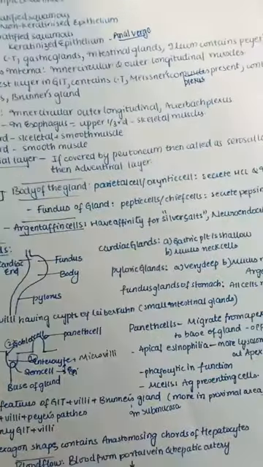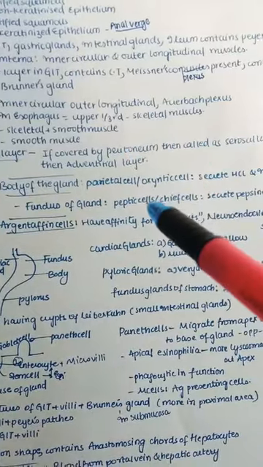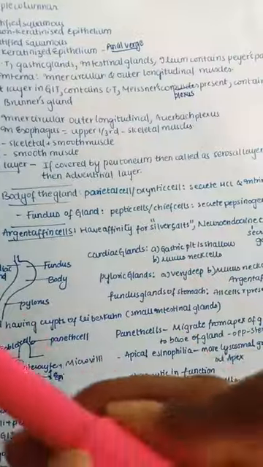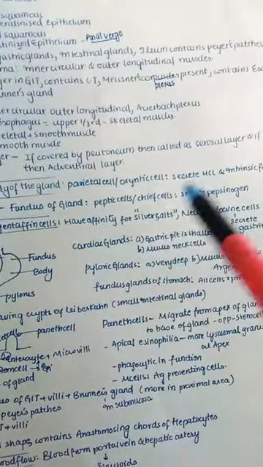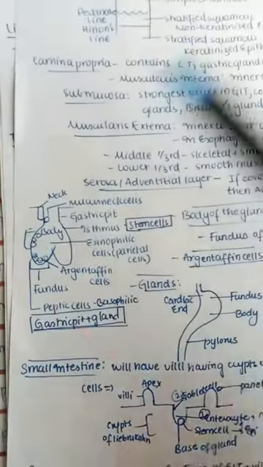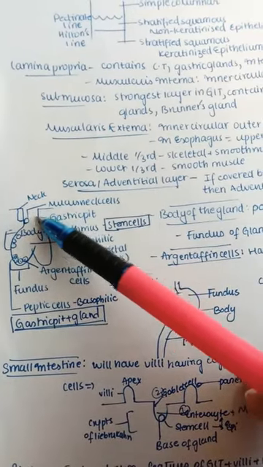Next, coming to the body of the gland. The body of the gland mainly contains parietal cells or oxyntic cells, which secrete HCl and intrinsic factor, and the fundus of the gland has peptic cells or chief cells, which secrete pepsinogen. Let us check out this diagram. This is the neck of the gland, which contains mucous neck cells, and this is the gastric pit.